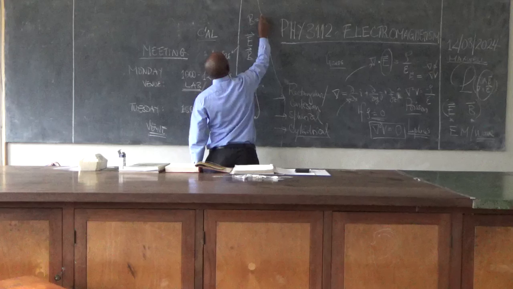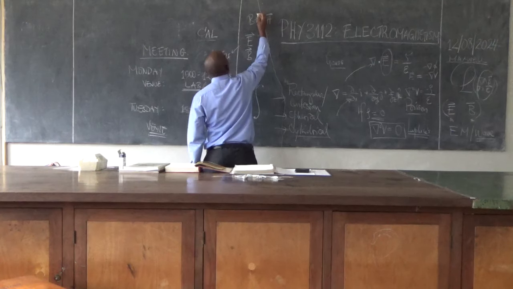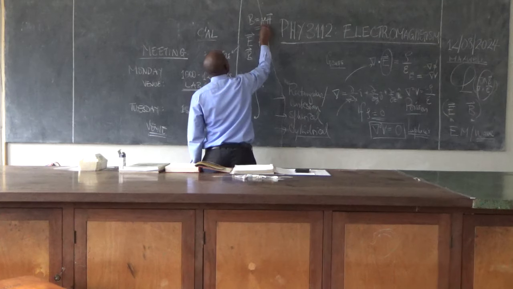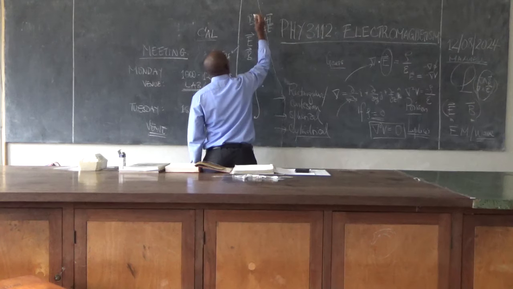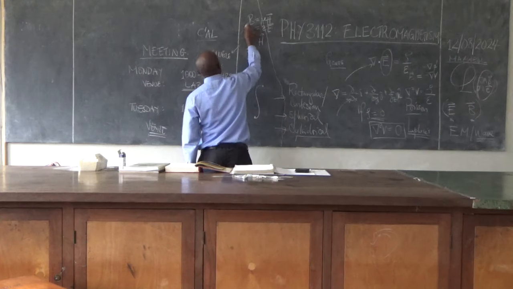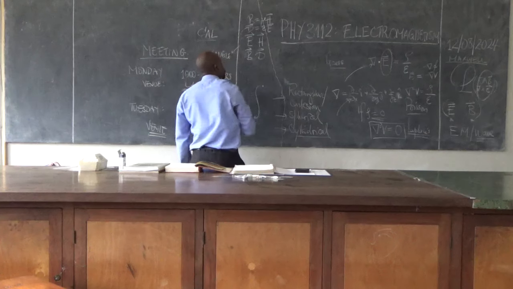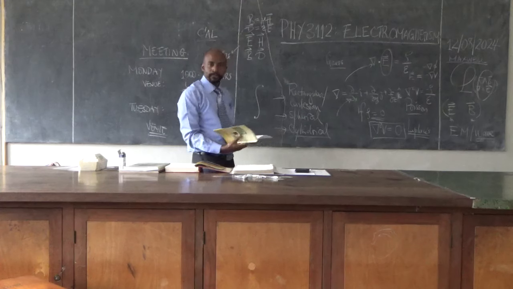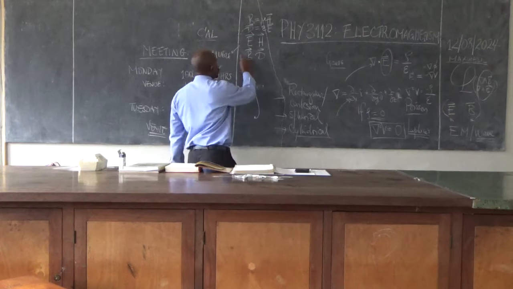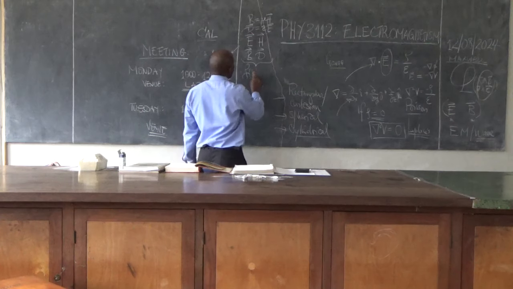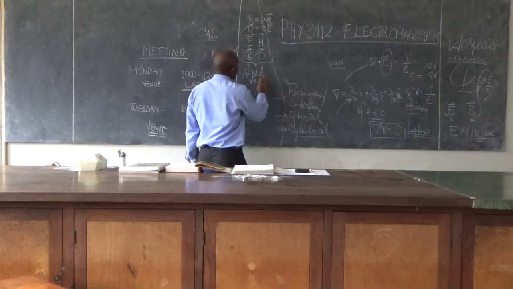B equals mu H. What is equal to epsilon E? So the other one is D. These are called field vectors.